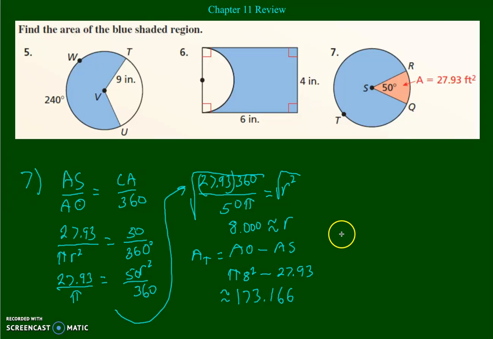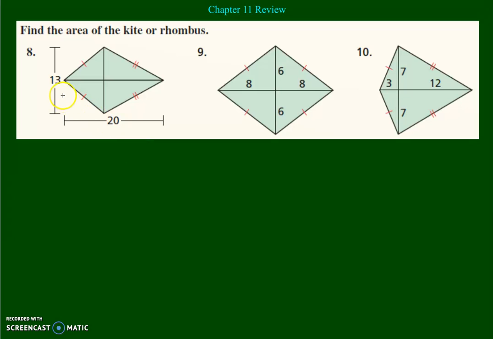Let's go ahead and move on to problem 8. In problem 8, we have a kite, and we know it's a kite because it has two pairs of consecutive congruent sides. And so we know that the area of a kite is 1/2 d1 d2. You could also think of this as 1/2 the area of a rectangle that the kite would fit into.